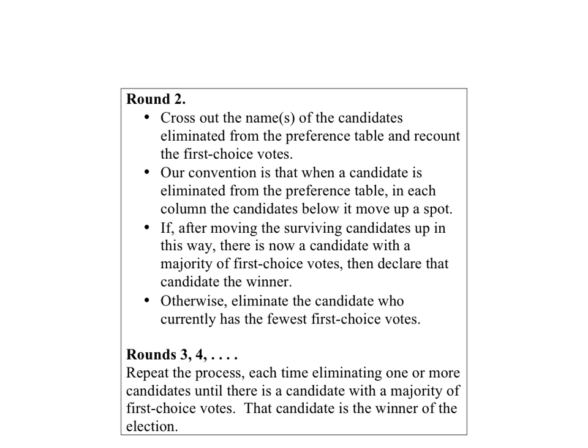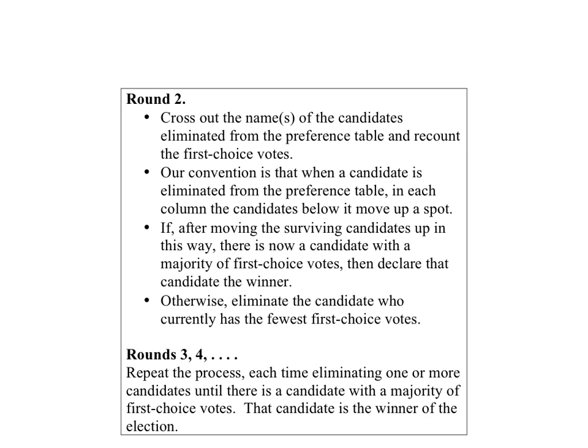So when a candidate is eliminated from the preference table, in each column, the candidates below the eliminated one move up a spot. We indicated that earlier also. So if after moving the surviving candidates up, there's now a candidate with a majority of first choice votes, great, end of election, that's the winner.